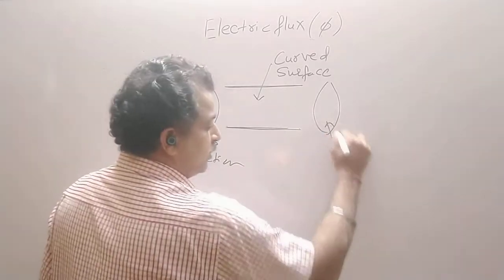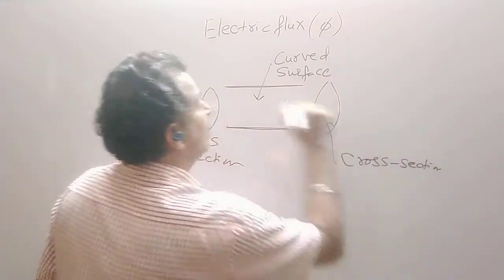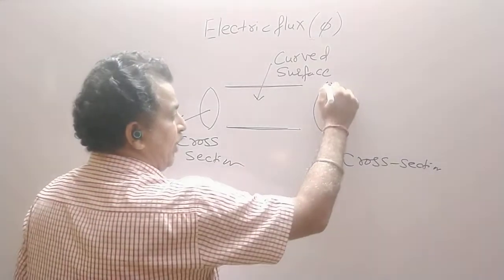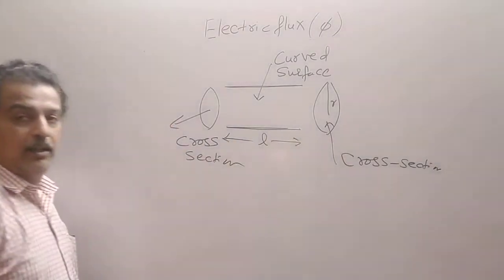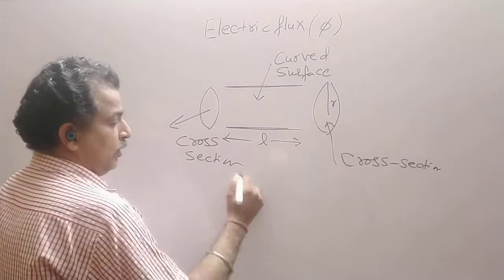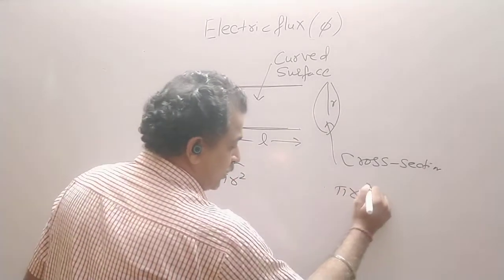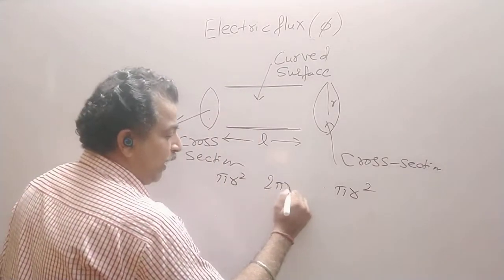So a cylinder consists of two cross sections and a curved surface. If r is the radius and say the length of the cylinder is L, we have two cross sections. The area of this cross section is pi r square, the area of this cross section is pi r square, and the area of the curved surface is 2 pi r L.